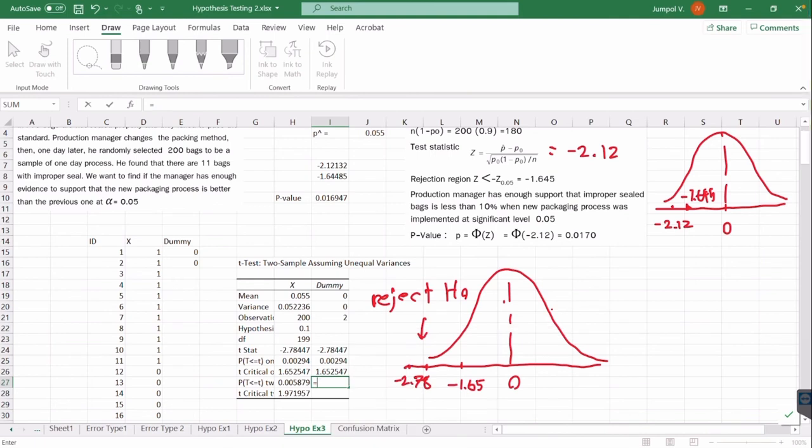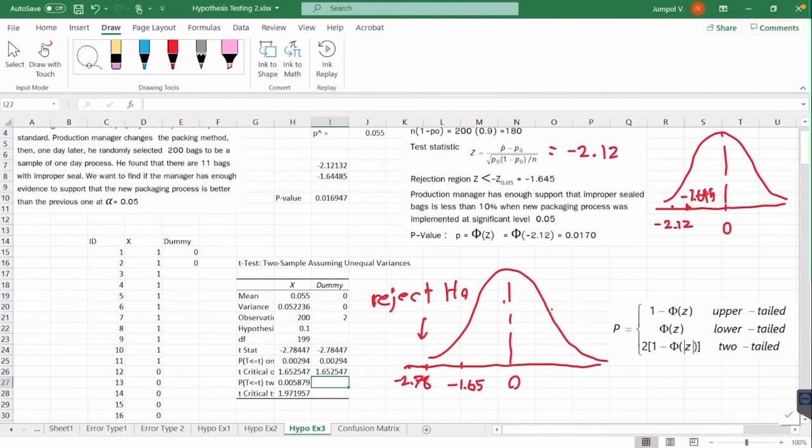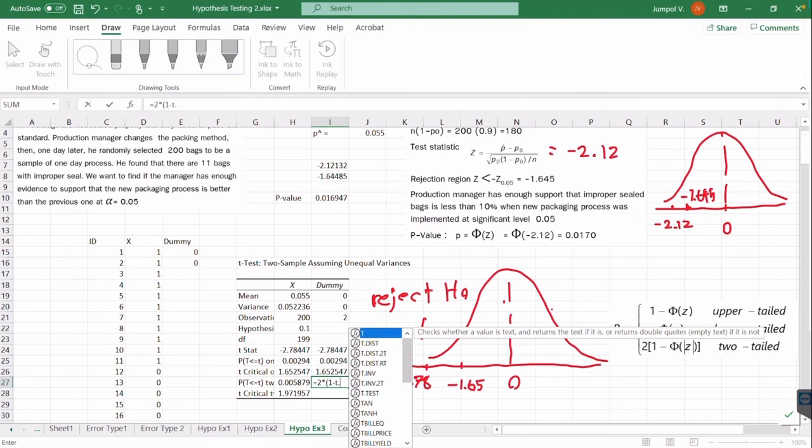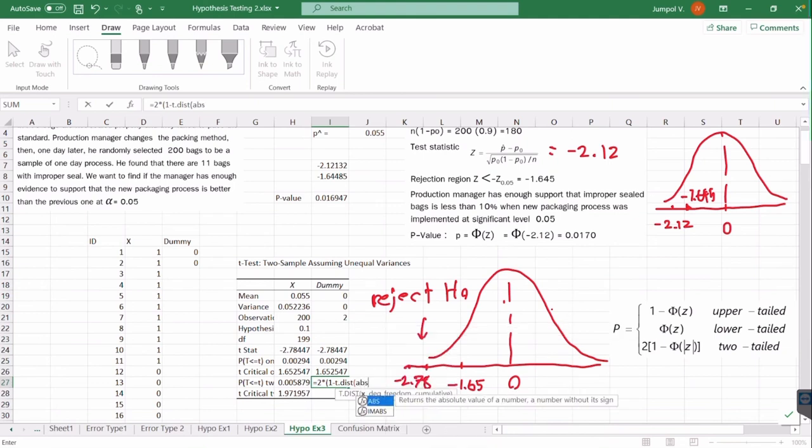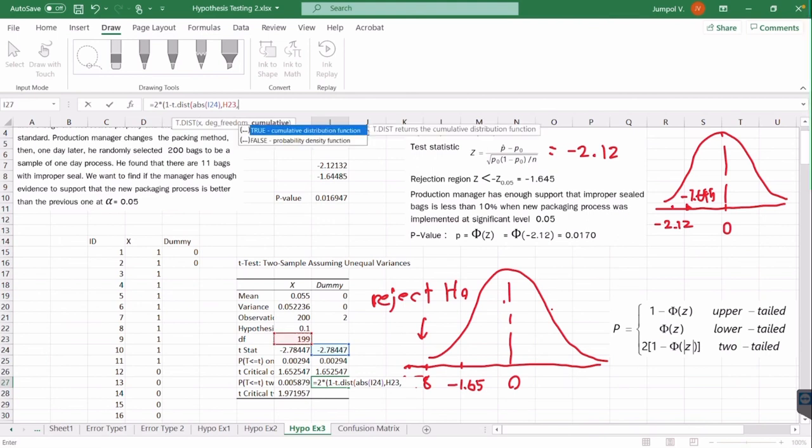The p-value for a two-tailed test is 1 minus 2 times the absolute value, from the formula on the right, times 1 minus T.DIST of the absolute value of t here, close parenthesis. Oh, I forgot to put something. The degrees of freedom is 199 and true.